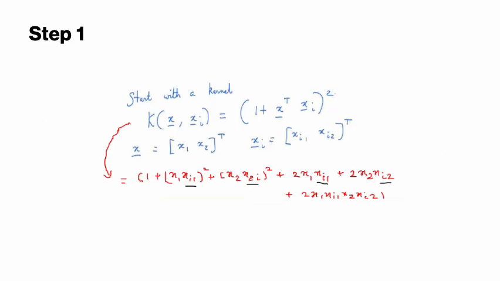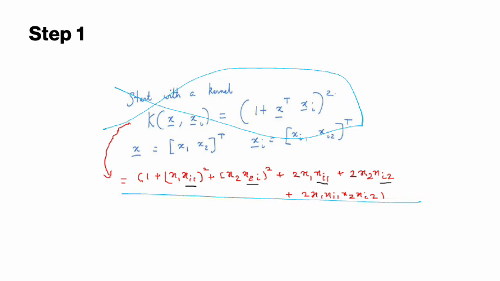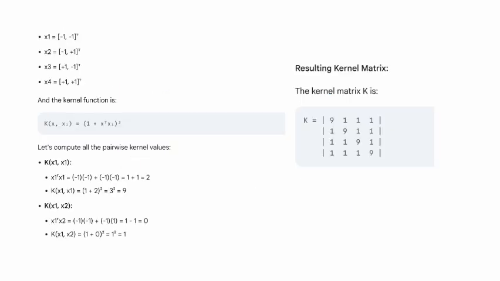start with the kernel. This is something that you assume basically, because it's given. You then expand this, using the formula (a plus b plus c) whole squared equals a squared plus b squared plus c squared plus 2ab plus 2ac plus 2bc, that kind of thing, right? That's what is done here, and then you substitute the values with x1, x2, x3, x4.